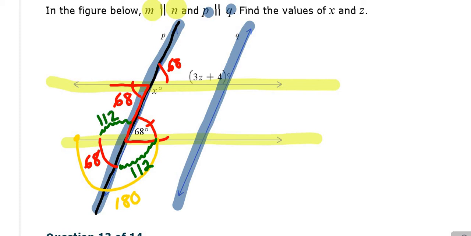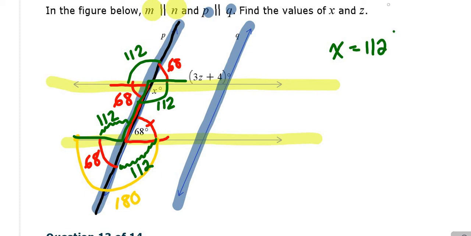And then you can walk that up, 112, vertical angles. Then we have armpits of the Z going this way. And vertical angles this way. So now you have found everything on that stir stick, and while you did that, you actually found the value of X, which is 112 degrees.